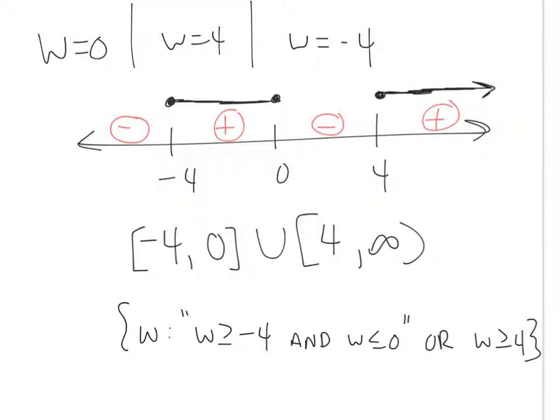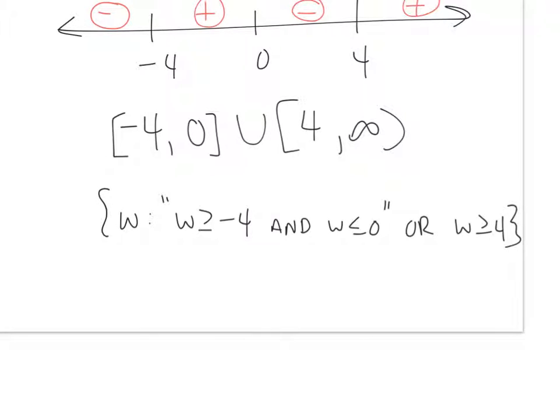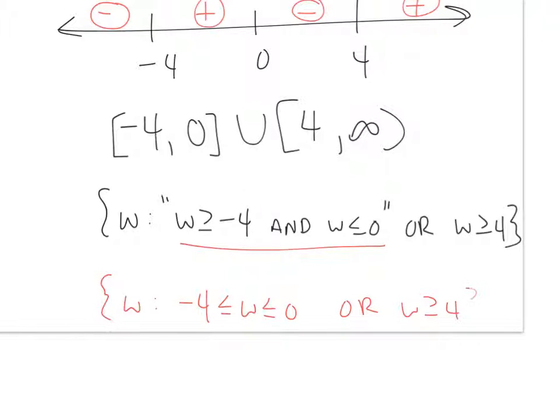Now, can somebody summarize James's AND statement, though, to make it a little bit easier? That works. You are correct. But I could rewrite this right here in a much easier way. -4 is less than or equal to W, which is less than or equal to 0. That's how I would probably write it, just to be a little more simplified, but it doesn't matter. Remember, whenever it's an AND statement from like -4 to 0, you can write this interval right here as this in set notation down here.